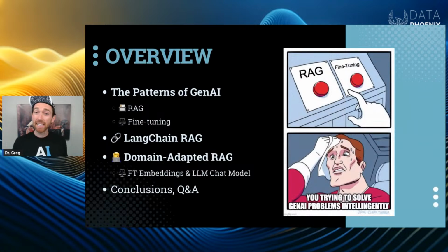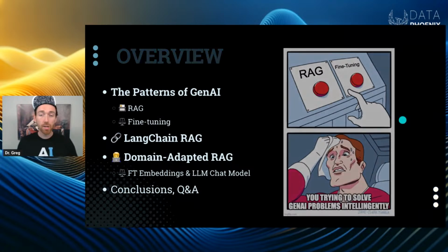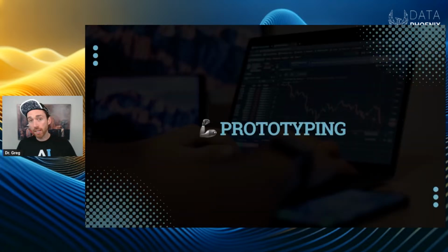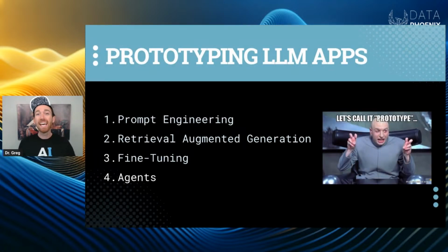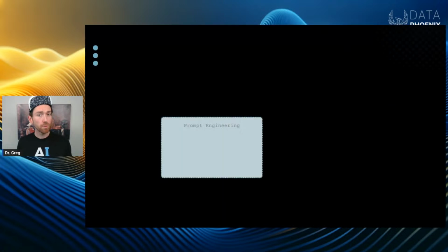Okay, let's talk patterns. Then we'll talk LangChain, build a quick RAG system, and do some fine-tuning to domain adapt it. When we prototype, we want to understand that we're generally going through a few steps. We're starting with prompt engineering, and then we're typically moving to RAG and then to fine-tuning. You might move to agents thereafter, but generally you're starting with prompting.